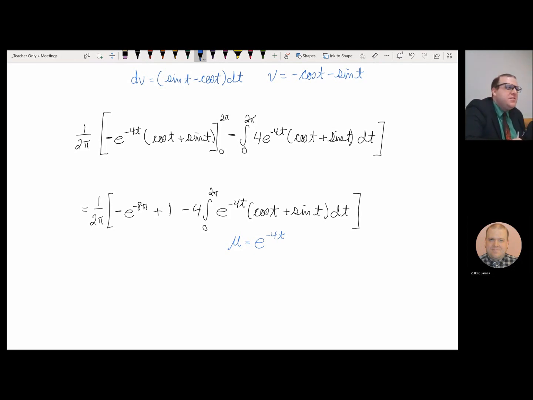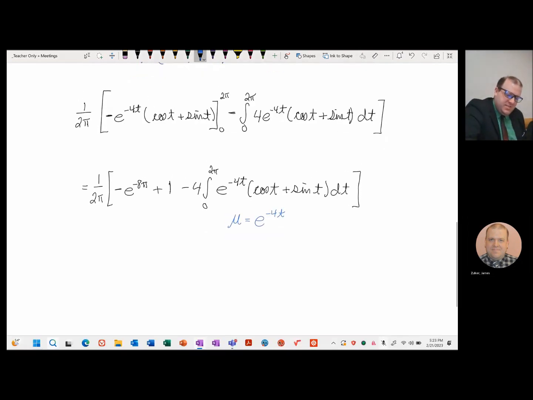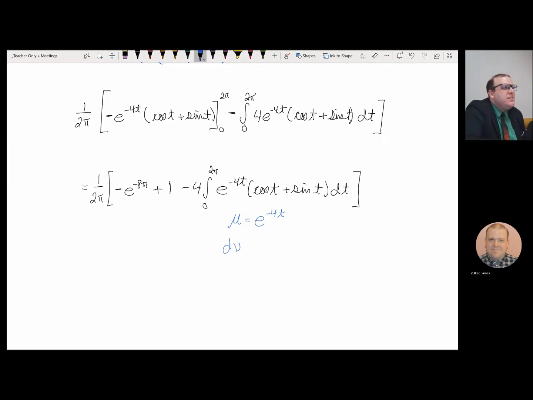So we went u is e to the minus 4t, so we'll do mu is e to the minus 4t. I think nu is that, d nu, cosine plus sine. Right, then d mu is the same, and then we get as our nu sine minus cosine.